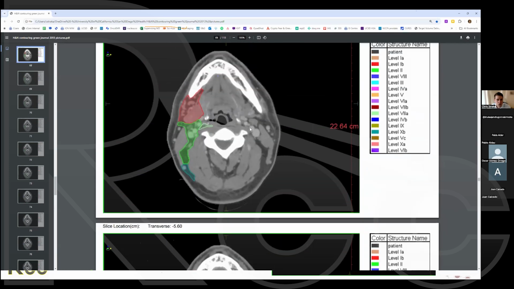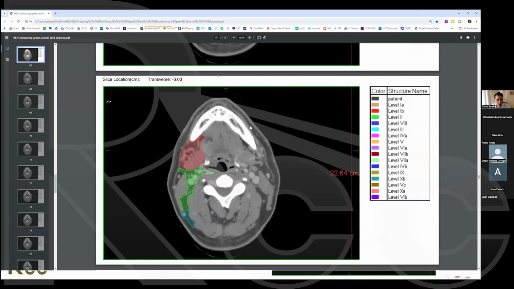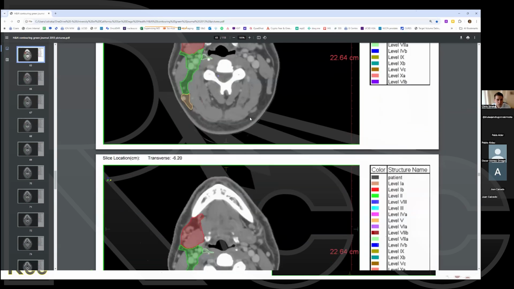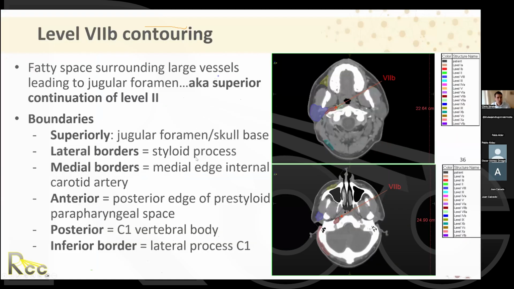And these do go all the way down until we get to the thyroid cartilage coming to here. Okay, so that's sort of the formal definitions of those.